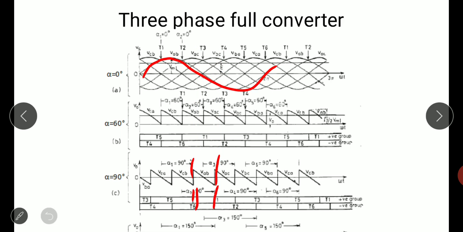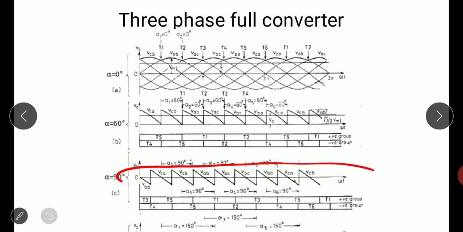So it is very easy to analyze the shape of load voltage that is appearing across our load. We only have to check which thyristors are conducting and what will be the voltage appearing across the load, and we can check that load from the supply.